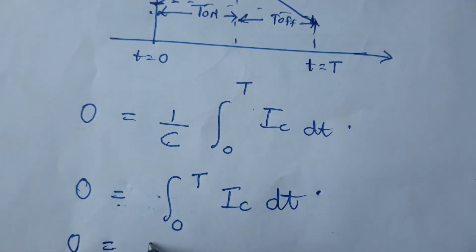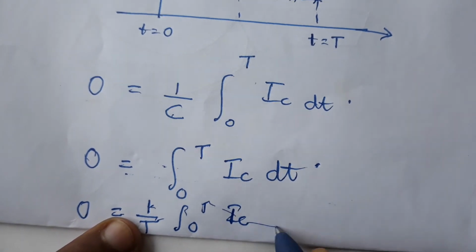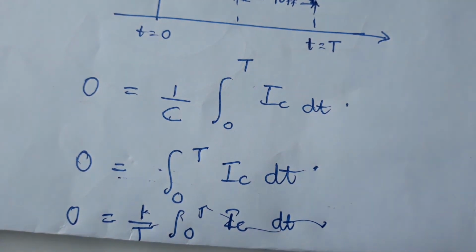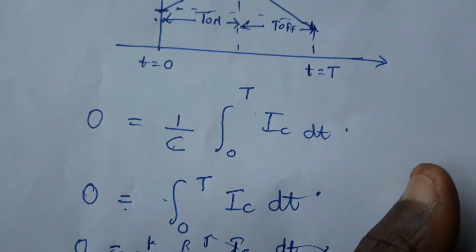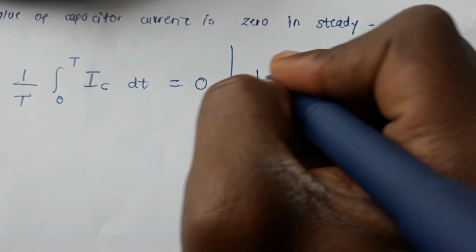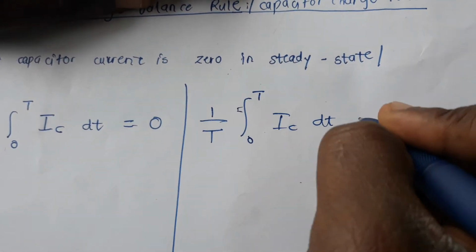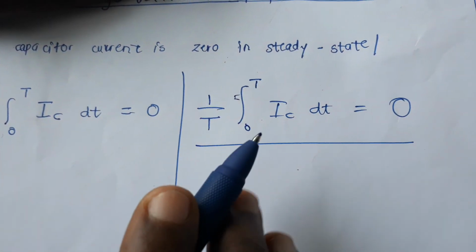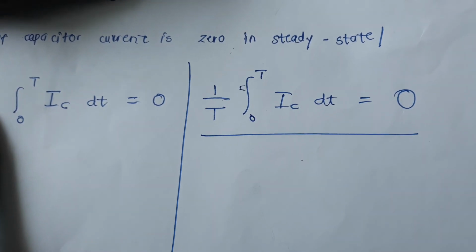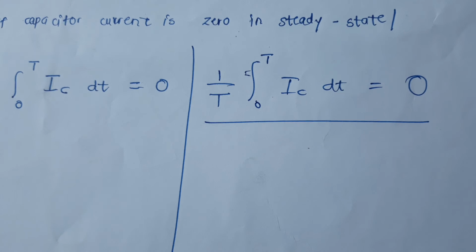This will be 0 equals (1/T) times the integral from 0 to T of Ic dt. Sorry about that, we just wanted to write a clear version of it. So (1/T) times the integral from 0 to T of Ic dt equals 0, and as you can see, this is where we started. So we've derived the capacitor charge balance rule.